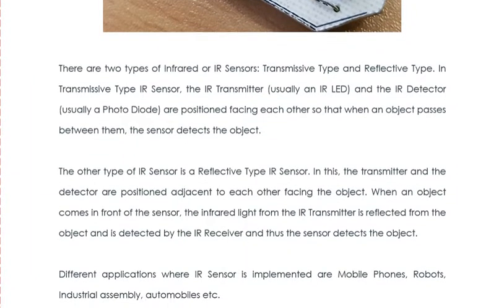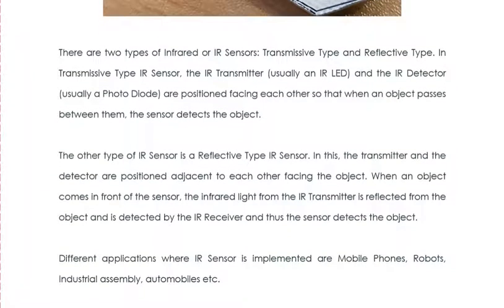Another type of IR sensor is reflective type IR sensor. Okay. So actually, pares-parehas lang ni sila. Ang kinalain lang galing is that the transmitter and the detector are positioned adjacent sa isa kag isa, facing sa object. When the object comes in front sa imong sensor, ang infrared light halin sa aton nga IR transmitter, i-reflect na halin sa object kag ma-detect sa aton nga IR receiver.